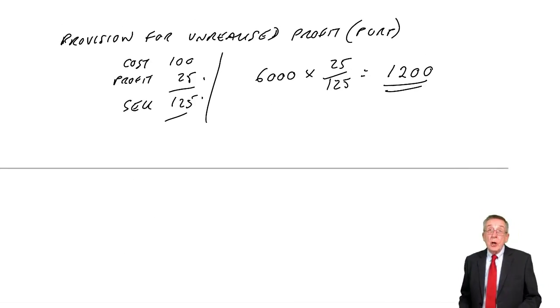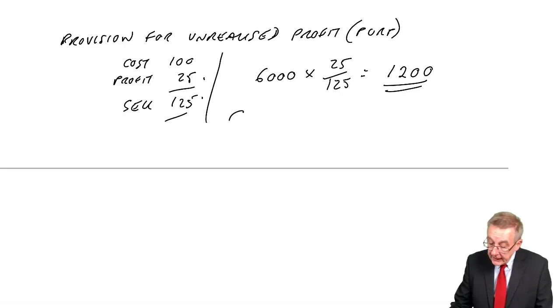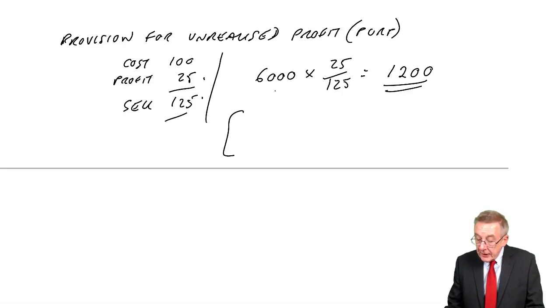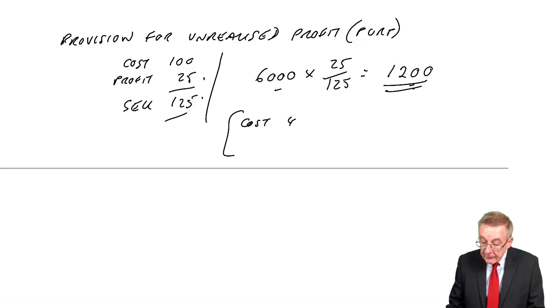And of course it does check. Don't waste time in the exam, for heaven's sake. But you see, if it's charged 6,000 and the profit was 1,200, it'll have cost them 4,800. They've added on 25%, which is 1,200. And they charged P 6,000.